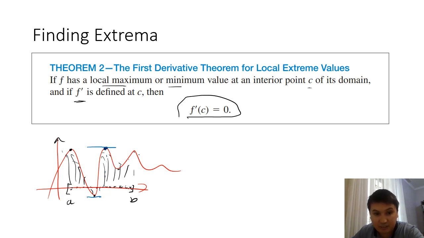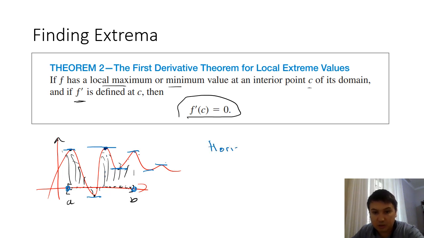In every local minimum or maximum, except for the endpoints of the interval, my candidates all need to have a horizontal tangent line.